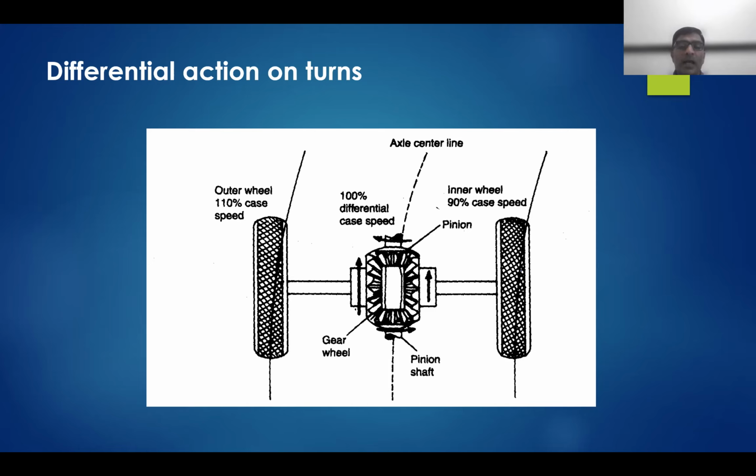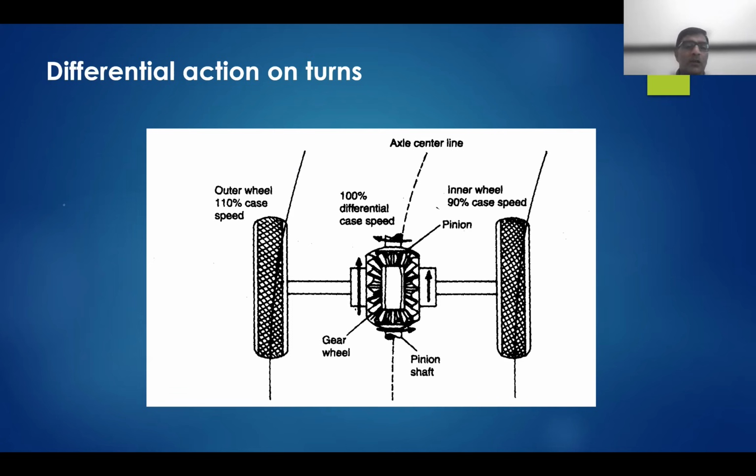So why am I saying that? Because whenever the vehicle is moving in the straight direction, the surface on which the wheels are running is not the same for the left hand side wheel as well as the right hand side wheel. So there are irregularities in the roads.